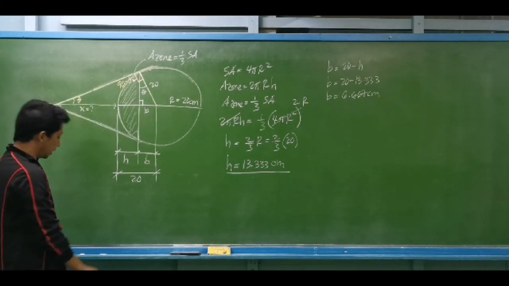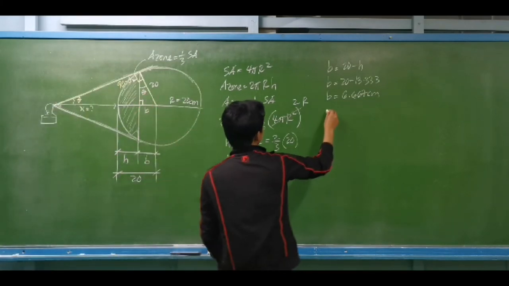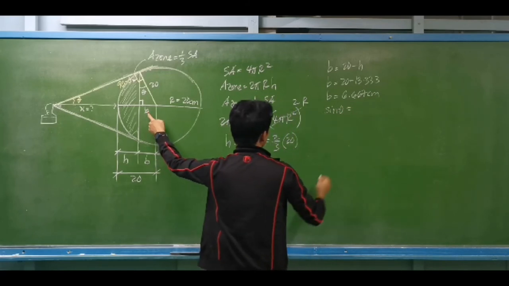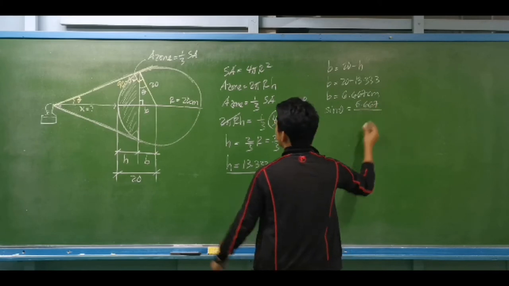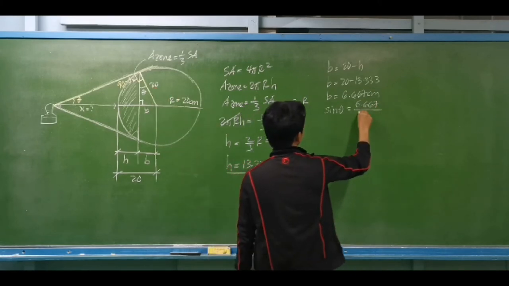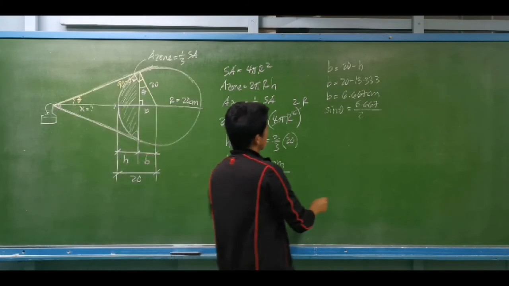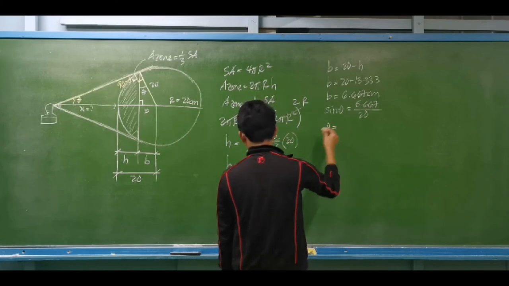So, kunin natin yung theta. Paano natin kunin yung theta? That is, you can use the function of sine. Sine of theta is equal to opposite, that is B, 6.667 divided by hypotenuse is 20. Yung hypotenuse nito is 20. Kunin natin yung value ng angle, theta.